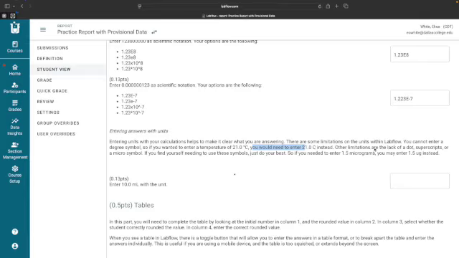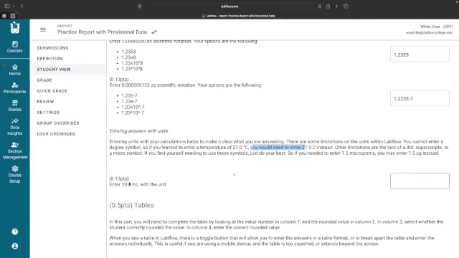Other limitations are a lack of a dot, superscript, or micro symbol. If you find yourself needing to use these symbols, just do your best. So if you needed to enter 1.5 micrograms, you will enter 1.5 U-grams instead. Oh, okay.